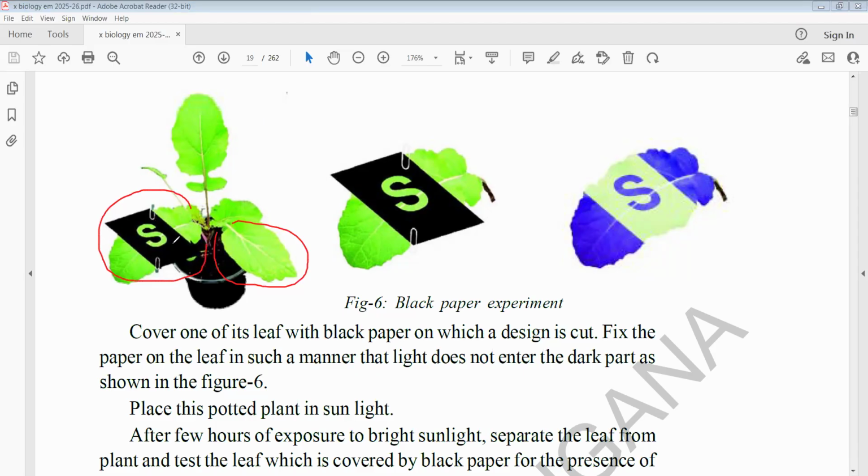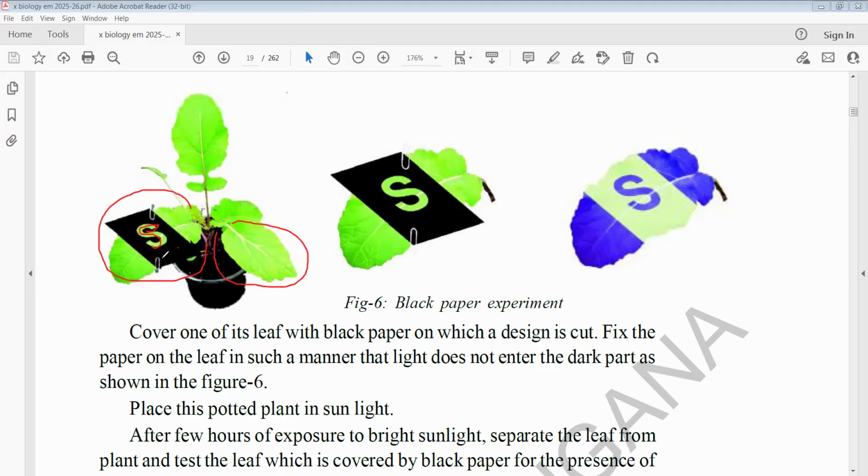Here they have taken black paper and removed the S-shaped portion, and the remaining parts are covered with black paper.